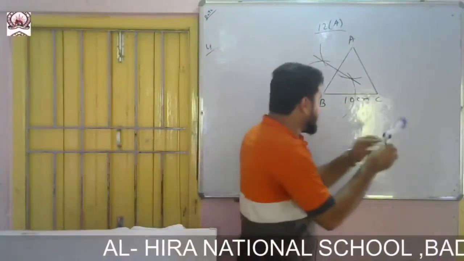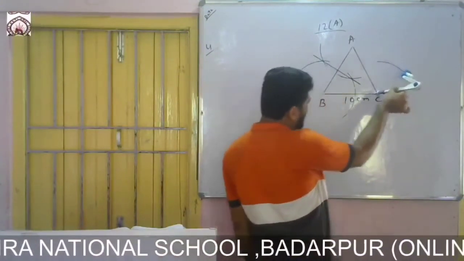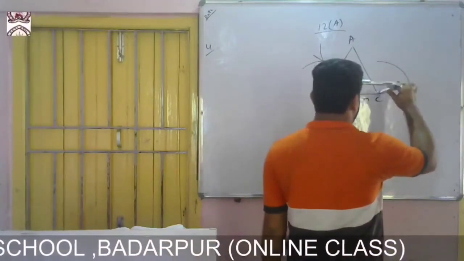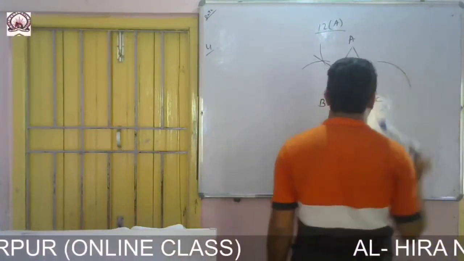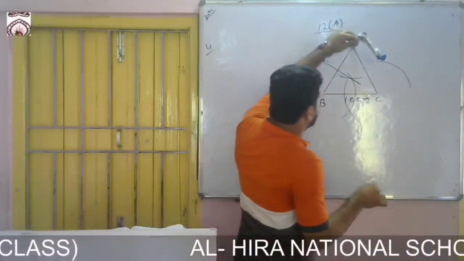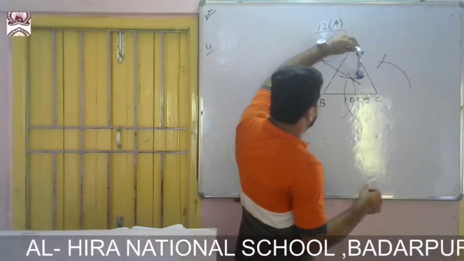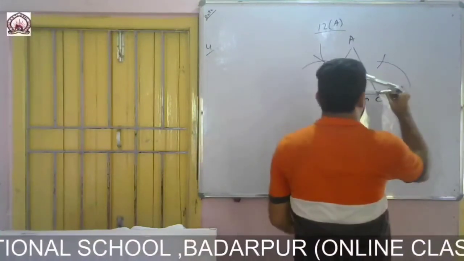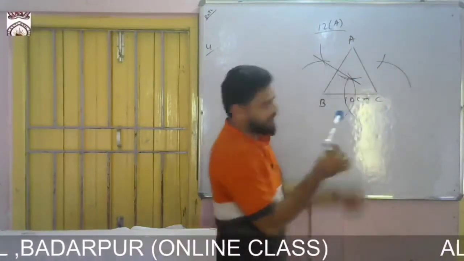Placing the compass needle at C, draw one arc on this side and another on this side. Now do the same steps placing at A and cut the first arc, just cutting here. This is the intersection point.